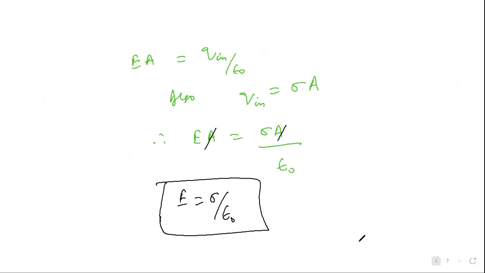Therefore, the electric field outside the spherical conductor everywhere will be constant. But in the case of non-spherical conductors, sigma varies. We said at pointed regions, sigma is large, so the field outside will be large. At flatter regions, sigma is small, so E there will be small. This completes our applications of Gauss's law.